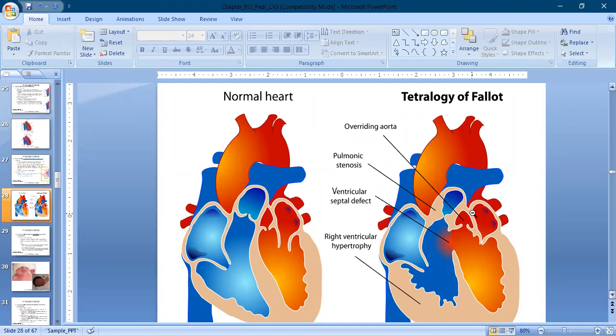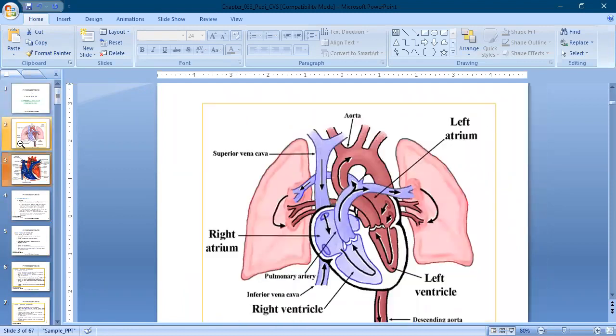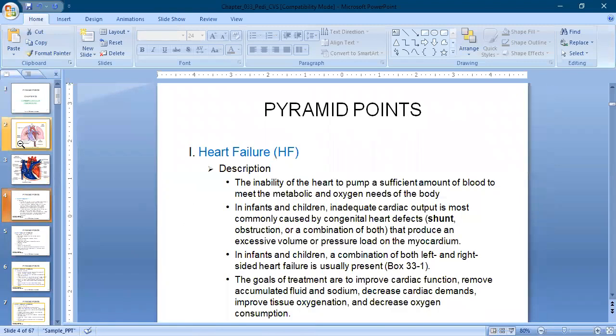Hypoxia means the lack of oxygen supply to the tissue. So as I told you, all congenital heart disease lead to heart failure.